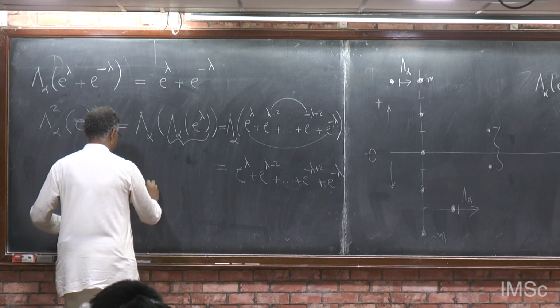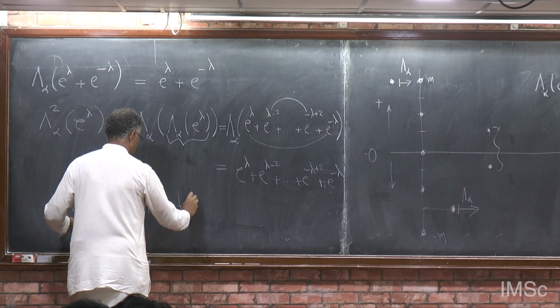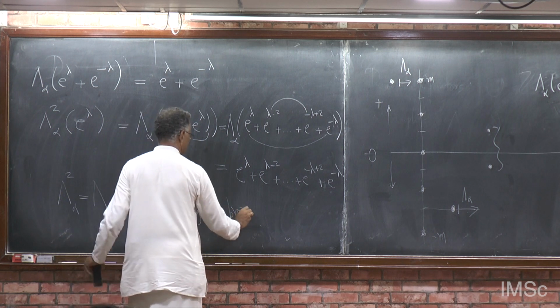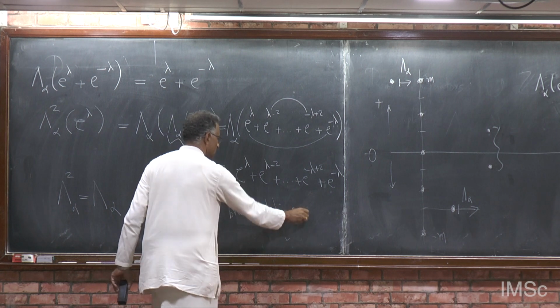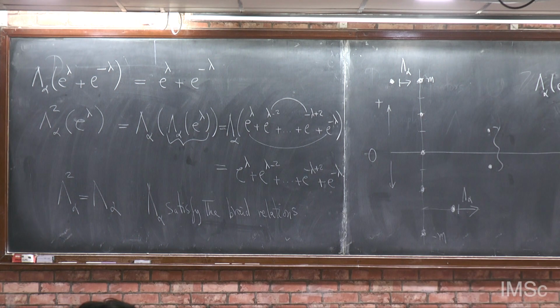So lambda alpha satisfy the braid relations. We've seen this before. I will not write them out, but I'll just say it. Remember alpha and beta are simple roots, so there is one lambda alpha for every simple root alpha.